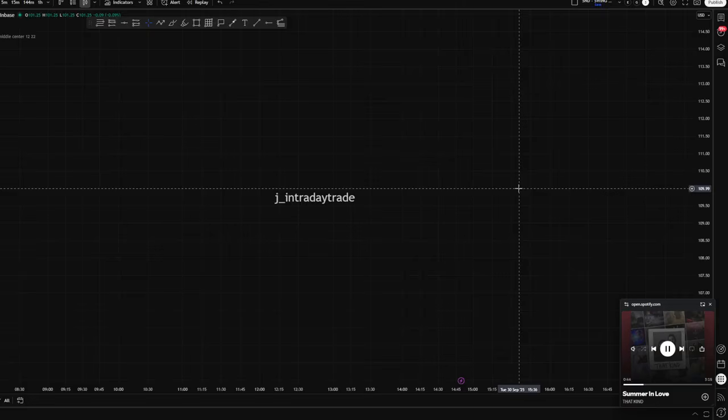Because in the same way you can read price from the smallest time frame to the biggest one, you can also read price from the biggest time frame to the smallest and know when it's going to explode. All of that stuff is readable. And in all honesty, I'm not going to proclaim this myself.